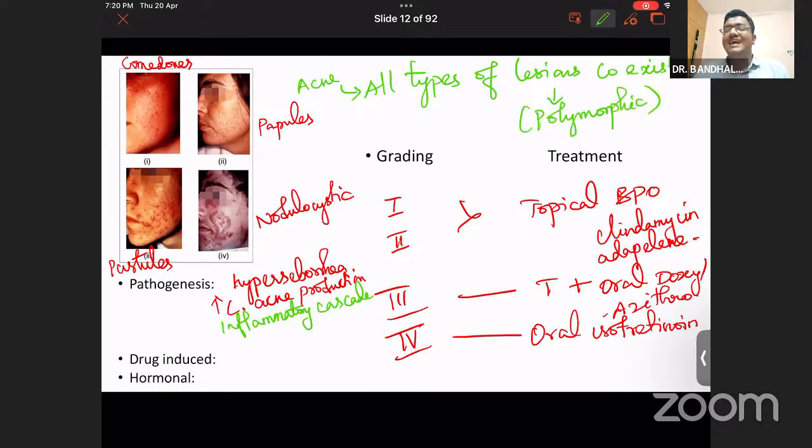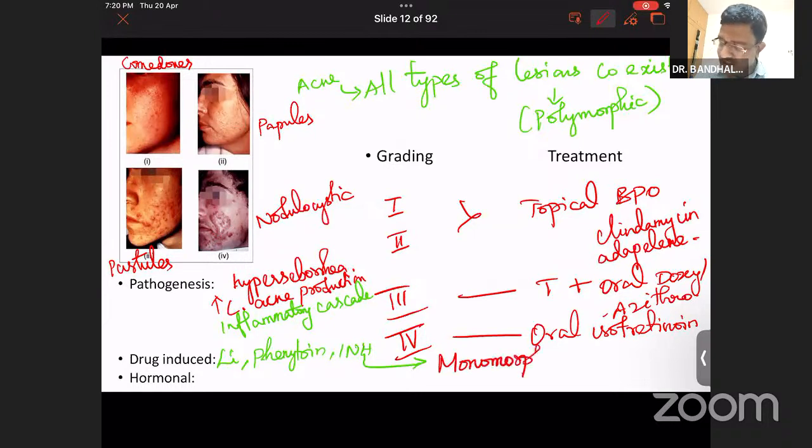But if the acne is induced by some drugs like lithium, phenytoin, isoniazid and all, the lesions are monomorphic. Only one type of lesions will be present in that patients.